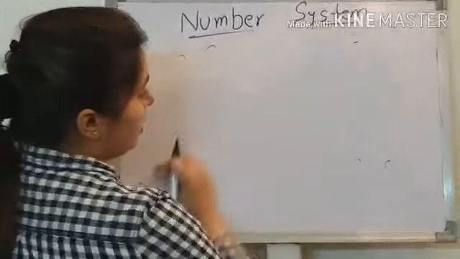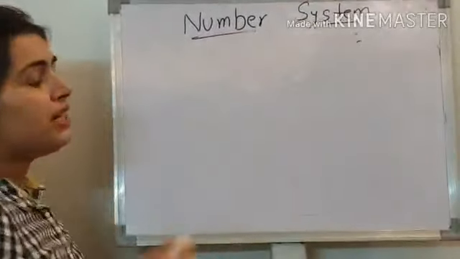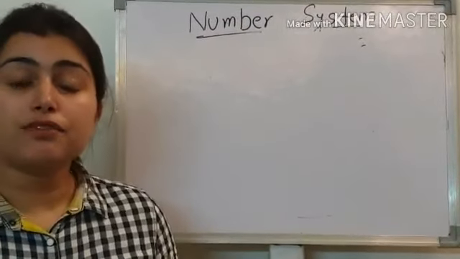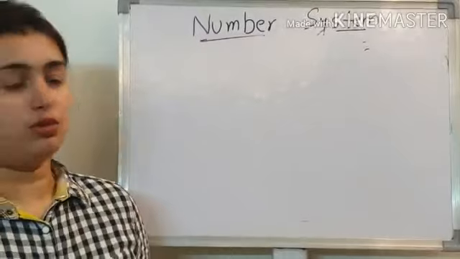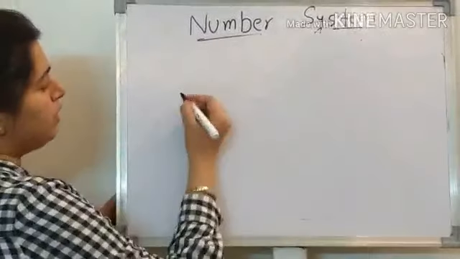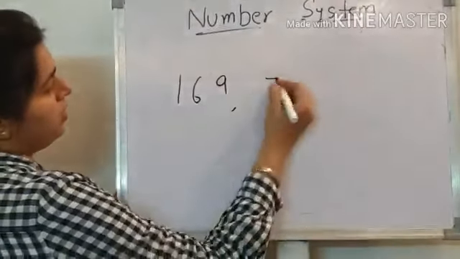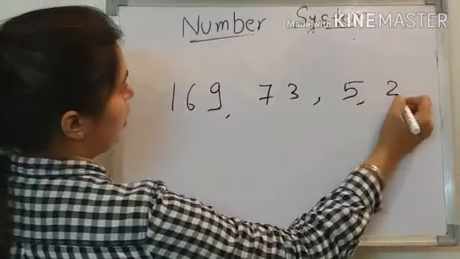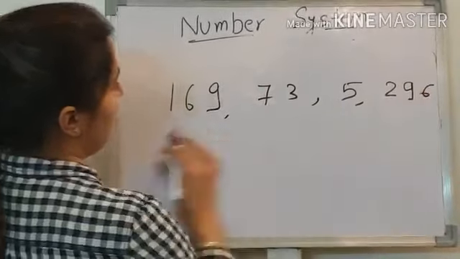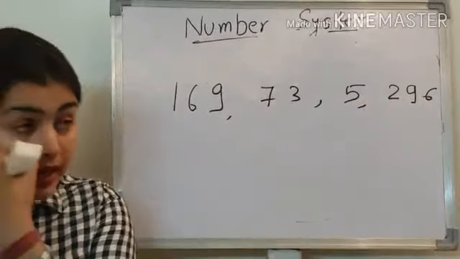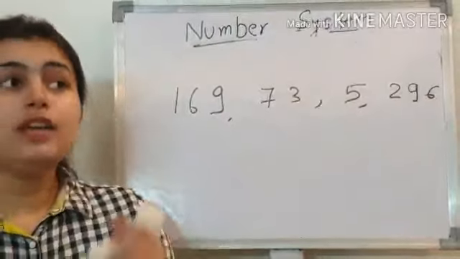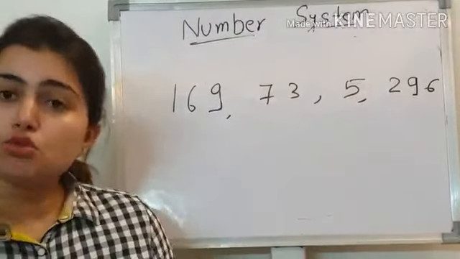Now students, comparison can take place between 2 numbers. But what will happen if more than 2 numbers are given to you? Like, for example, 169, 73, 5 and 296. 4 numbers are given. These are called a series. In the series, we arrange the numbers in 2 orders.